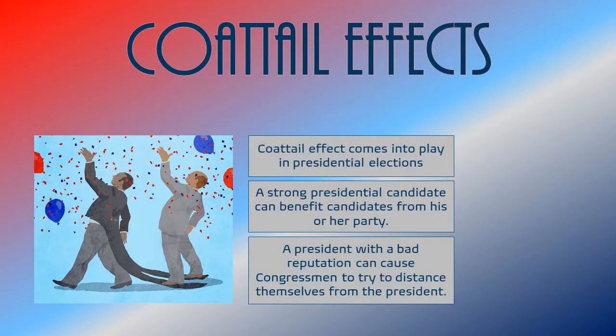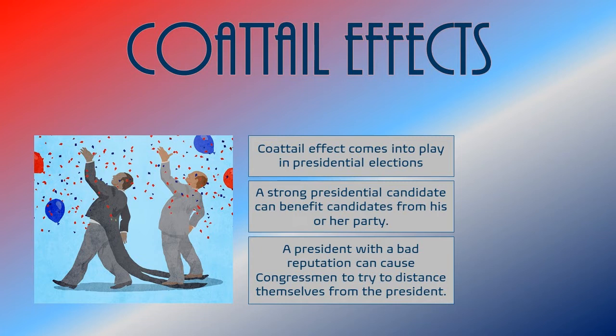All right, so the first thing we want to understand is actually about election years where we have a presidential election, but we have what's called a coattail effect. Now, a coattail effect comes into play during presidential elections, and this describes the fact that when there's a strong candidate running for president, usually members of his or her party in Congress will benefit because voters will be motivated to go to the polls to vote for the presidential candidate and will tend to support the congressional candidate from that person's party.